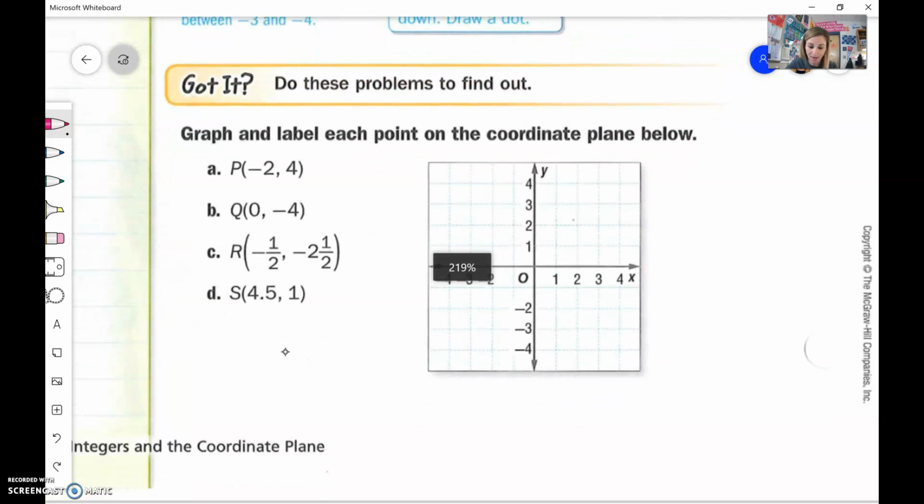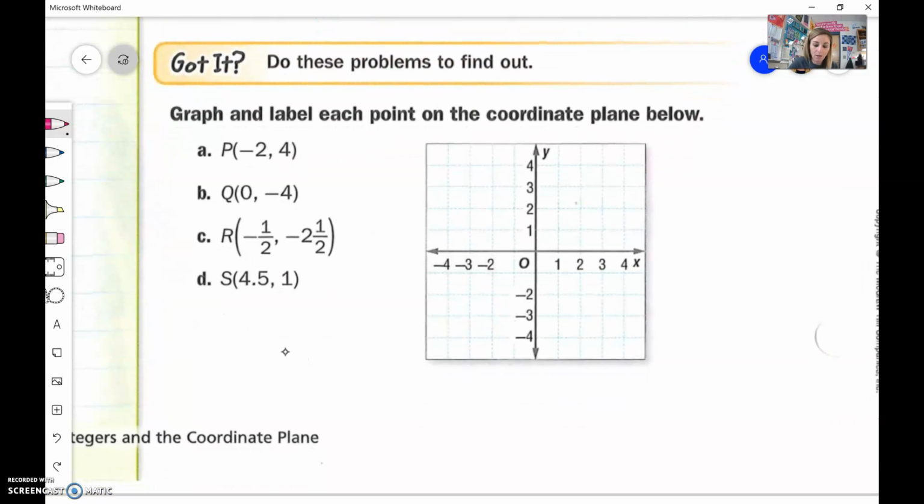Let's actually practice. Okay, so we are going to graph and label each point on the coordinate plane. So again, we always start at 0. Take a look first. This one isn't labeled, but we do know that that is -1, and I'm going to go ahead and label that for us. Notice that these go by 1s, okay? The one on the previous page went by 2s. You always have to pay attention.